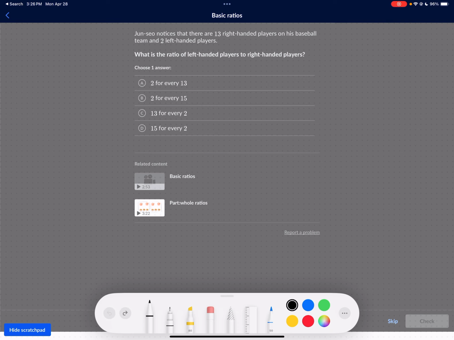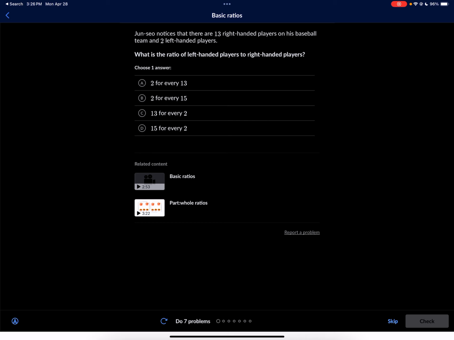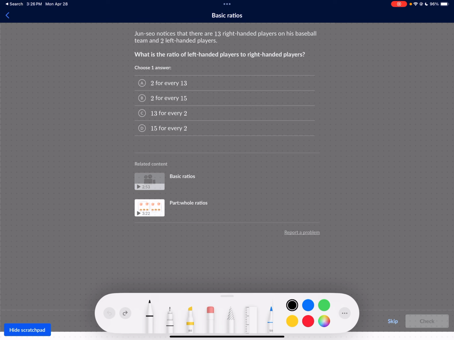I'll get to that later. Let's look at the first question together. John C.O. notices that there are 13 right-handed players on his baseball team and 2 left-handed players. What is the ratio of left-handed players to right-handed players? We want left to right. It says 2 left and then 13 right, so our ratio is 2 to 13.